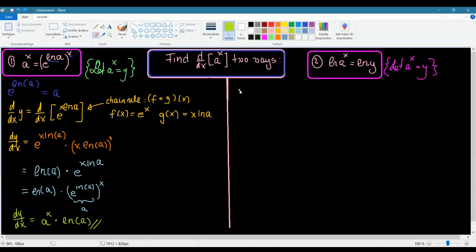What we're actually going to do is remember that log of anything, make it k, log k of a to the x equals x times log k of a.